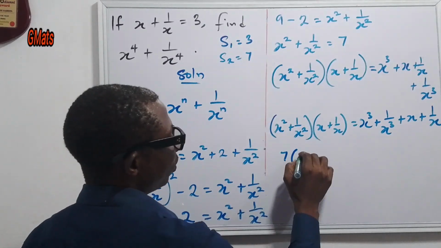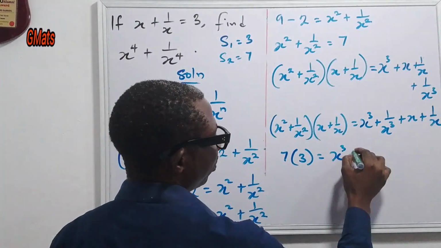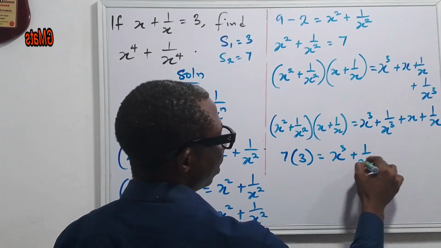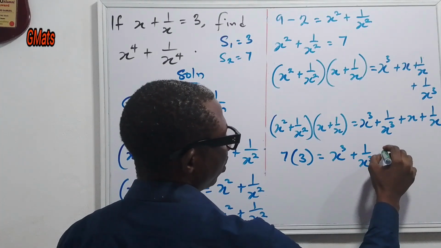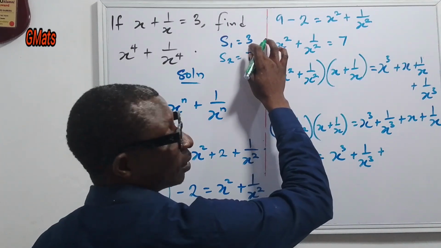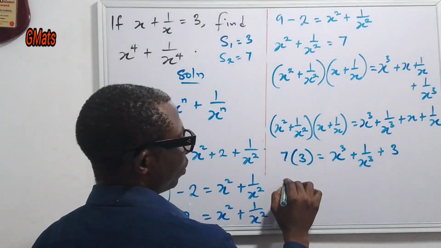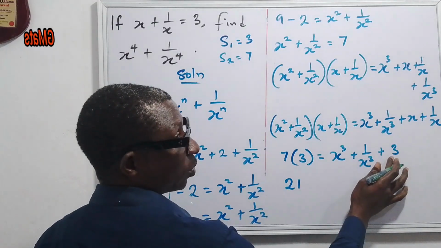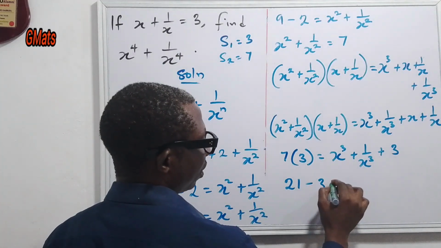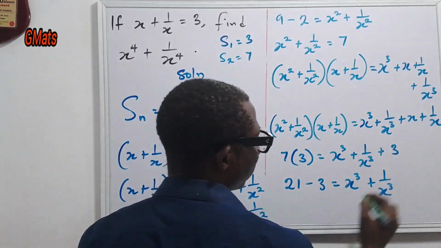We have 21 equals x raised to the power of 3 plus 1 over x raised to the power of 3 plus, now this is the same thing as 3, so plus 3. Now let's transpose this. 21 minus 3 equals x raised to the power of 3 plus 1 over x raised to the power of 3.